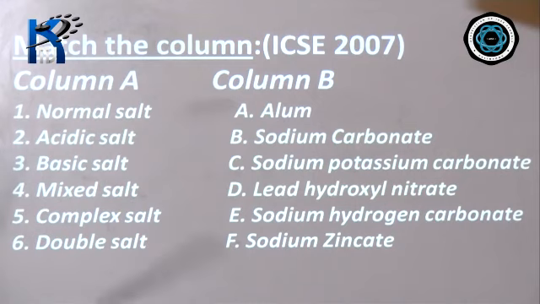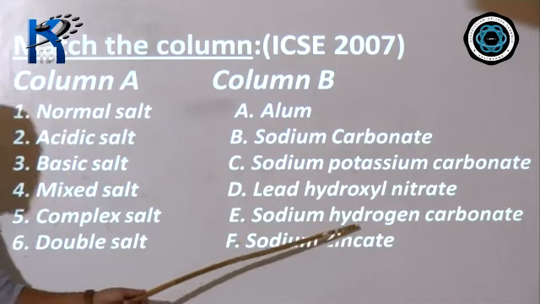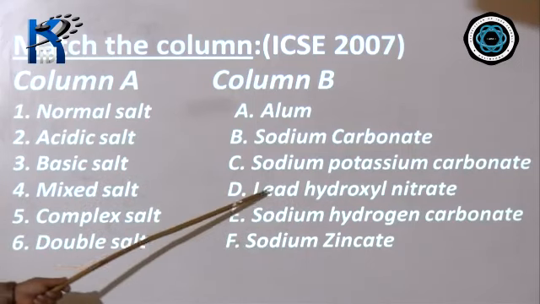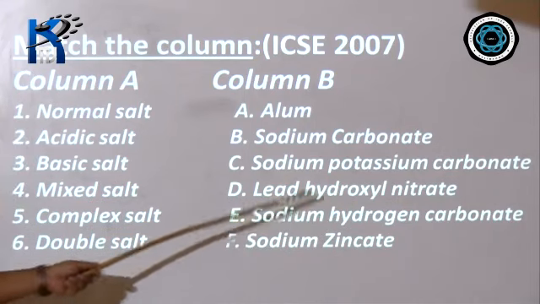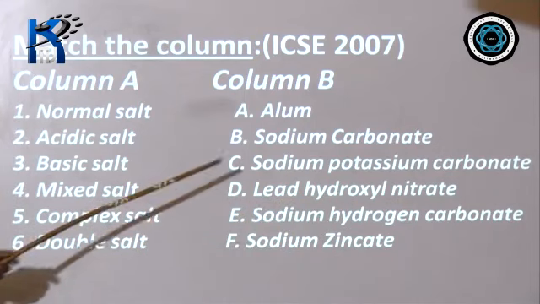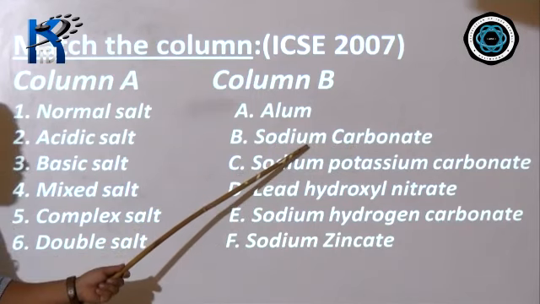If there is hydrogen in the name or hydroxyl in the name, that will be acidic and basic salt. So you can see here sodium hydrogen sulfate contains hydrogen. So it is an acidic salt. Lead hydroxyl nitrate contains hydroxyl, that is OH, so it comes under basic salt. And if you can see here in sodium carbonate there is no hydrogen, no OH, and there is only 1 metal.